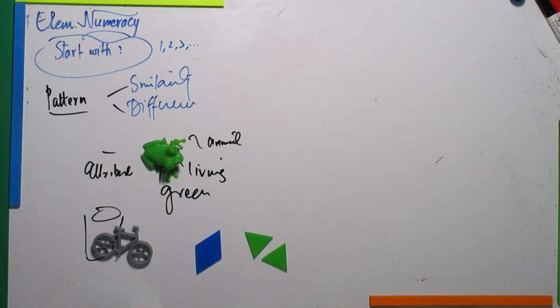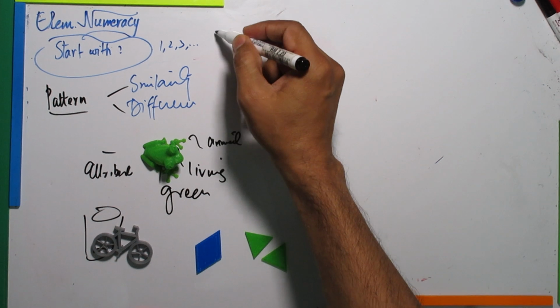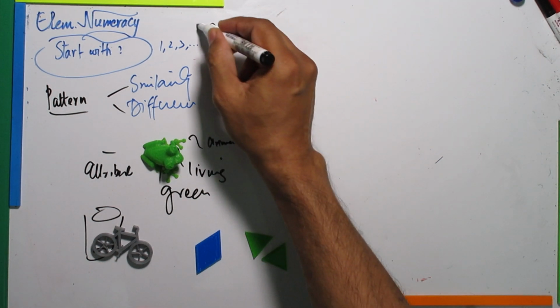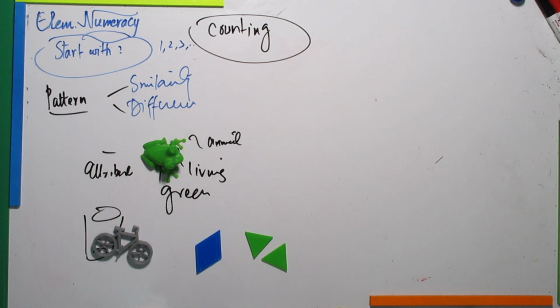Step back a little bit. When the parents said counting, again, knowing a name and knowing the meaning are absolutely two different things. What is the meaning of counting? Counting is determining the number of elements in some basket.